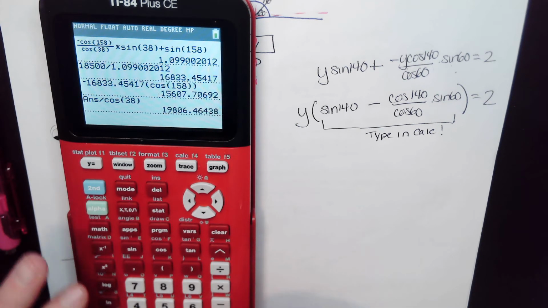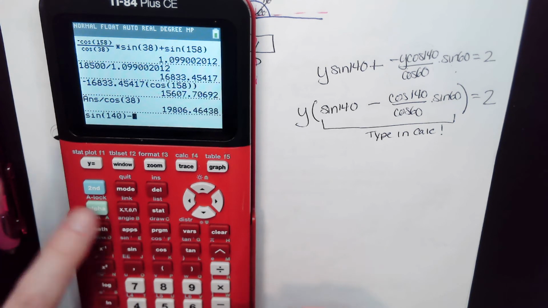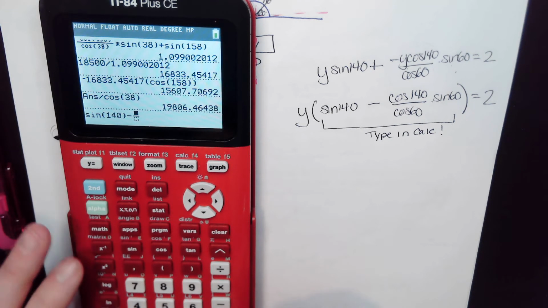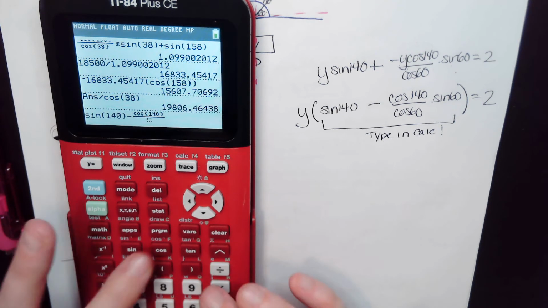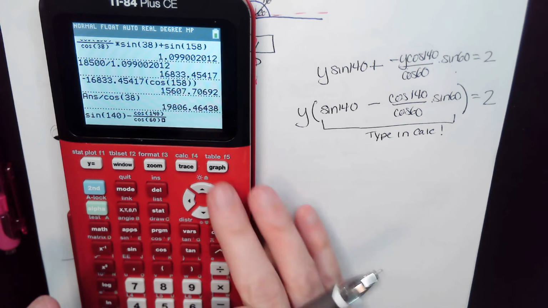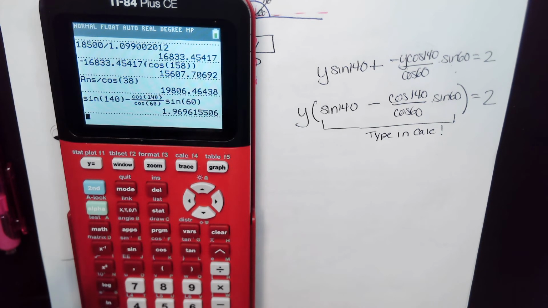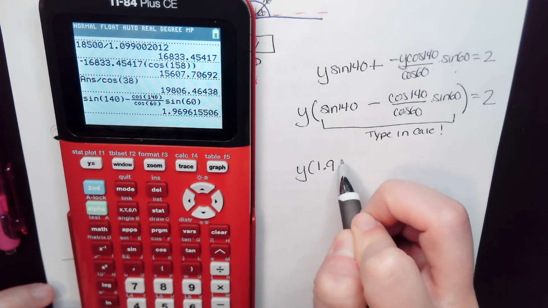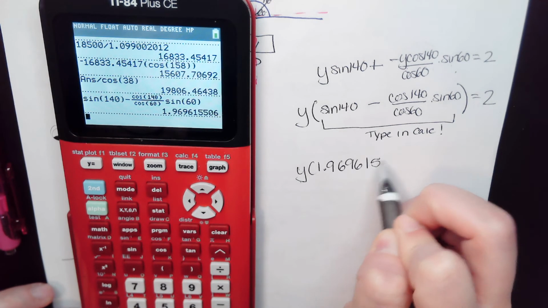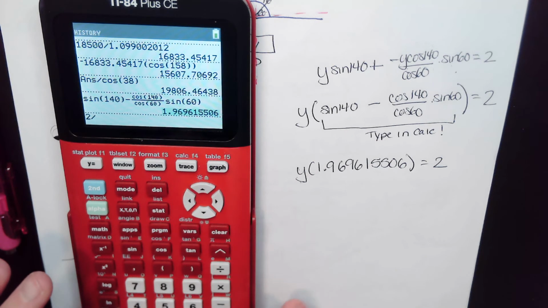We've got sine of 140 minus cosine of 140 over cosine of 60 times sine of 60, and we get this decimal. So y times 1.969615506 equals 2. And then you're going to divide both sides by that decimal.